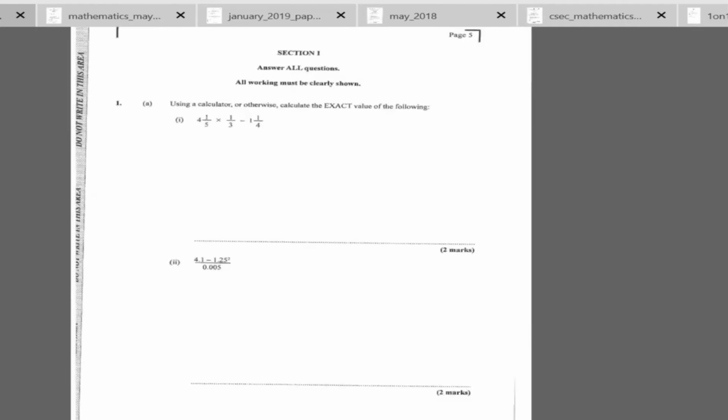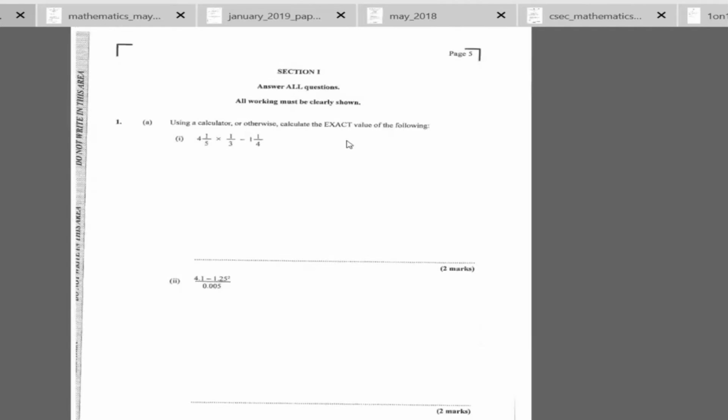So question 1. It's always good to start with the easiest question on the paper, which is question 1. And this question says, using a calculator or otherwise, calculate 4 1/5 times 1/3 minus 1 1/4.